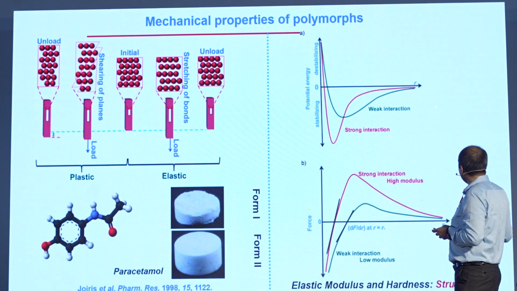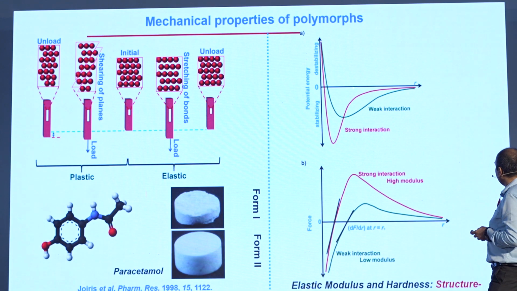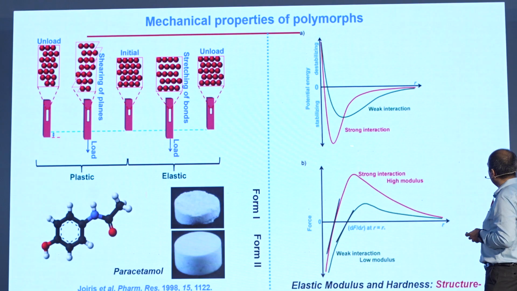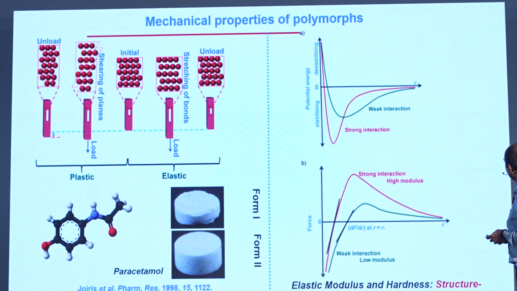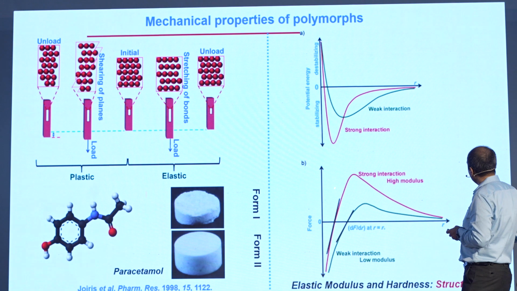So if you were to look at the role of interactions, which play a very important role in crystalline structures, the strong interactions have a deeper potential energy well, whereas the weak interactions have a relatively flat potential energy well. And the corresponding strong interactions, when you look at the force versus displacement curve, have the highest modulus.